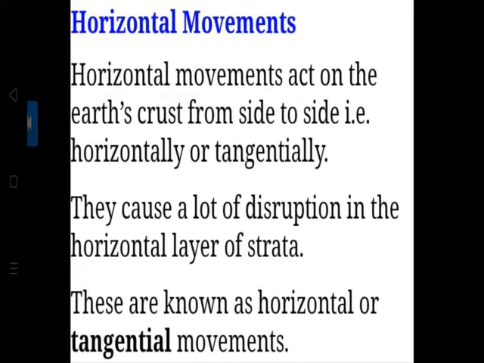Now, horizontal movements, what are they? They act on the Earth's crust from side to side, that is horizontally or tangentially. These words you'll have to keep in mind. They act from side to side or horizontally.